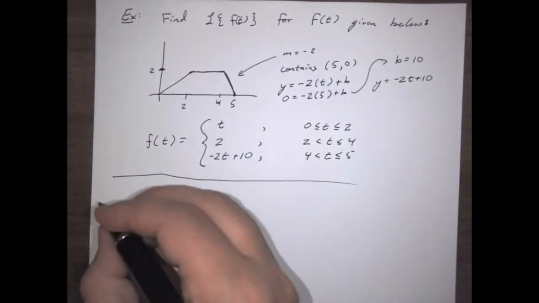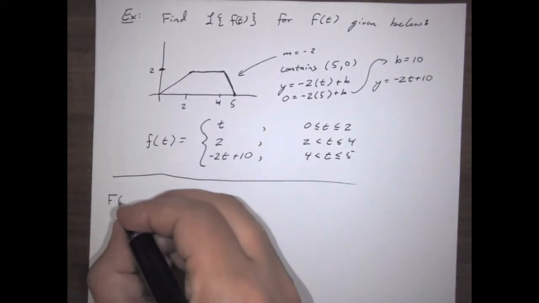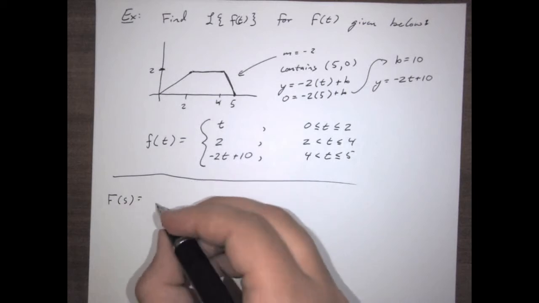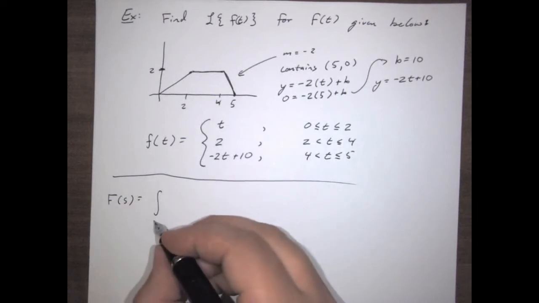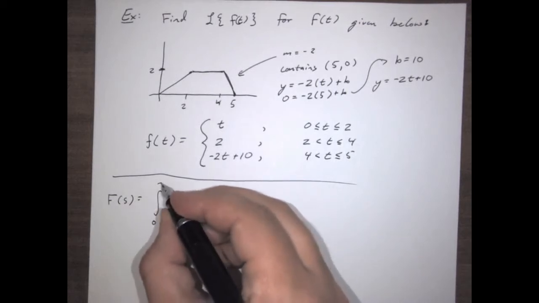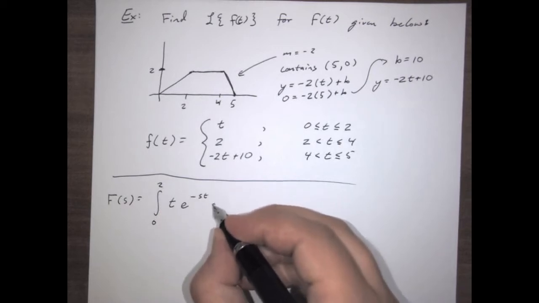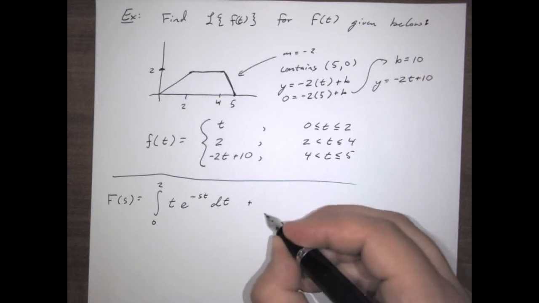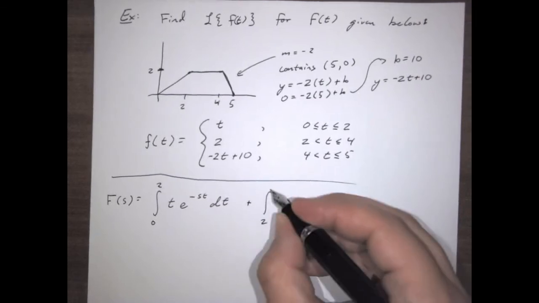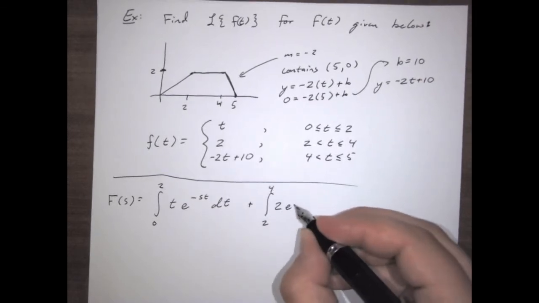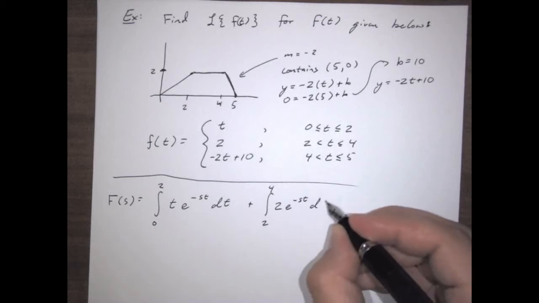Alright, then the Laplace transform will be 3 parts. First, the integral from 0 to 2 of t e to the negative st dt. Then the integral from 2 to 4 of 2 e to the negative st dt.